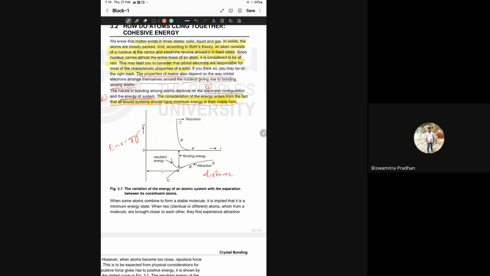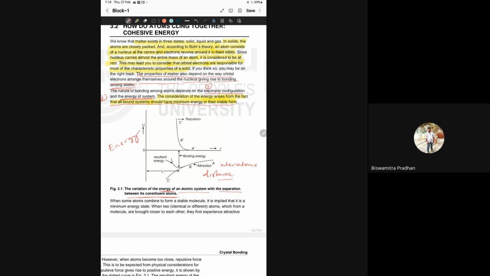Distance means interatomic distance: the variation of energy of an atomic system with separation between the constituent atoms.